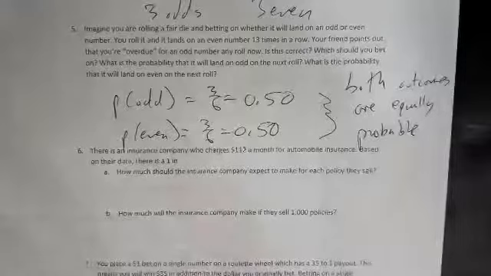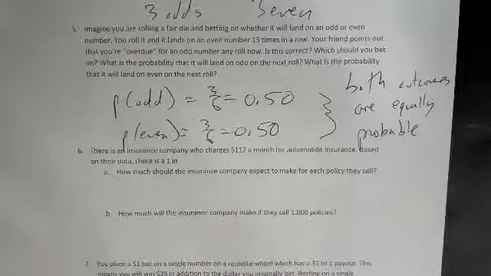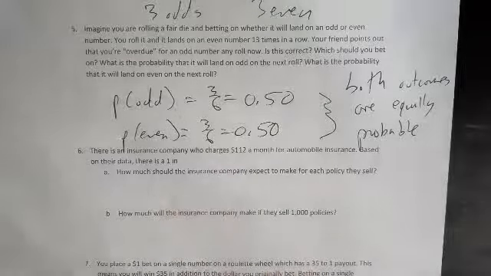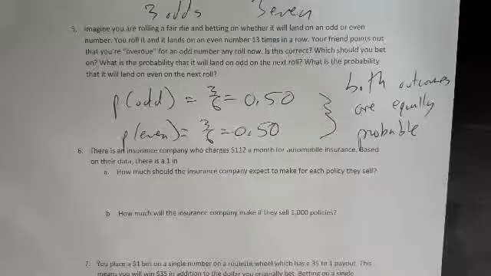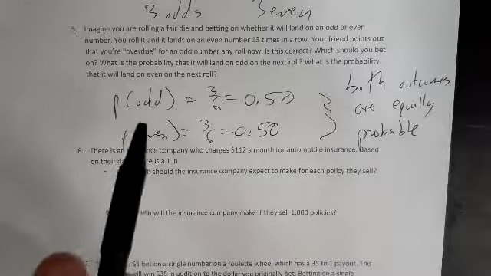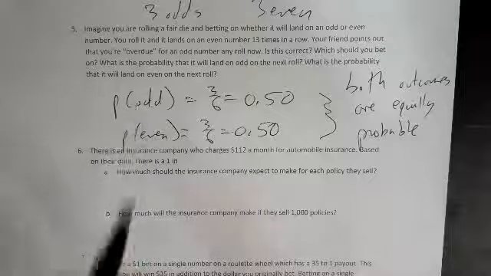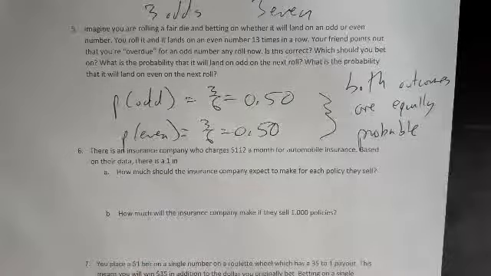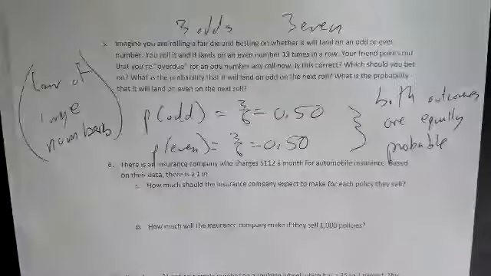The point here is that they're both equally probable, right? There is not a better bet, so to speak. It's not better to bet on odds than it is on even. Even though we get this run of evens, there's nothing that guarantees the next roll is going to be an odd, right? There's nothing in the short term that guarantees that. So this is trying to get at that law of large numbers thing, right?